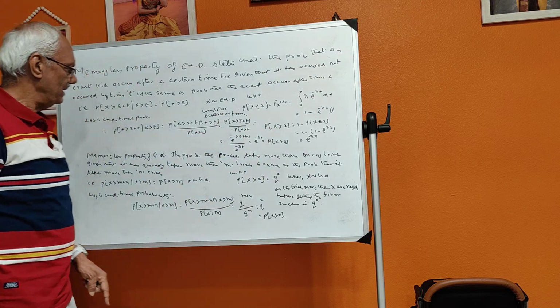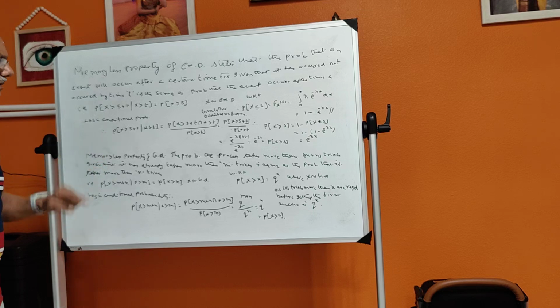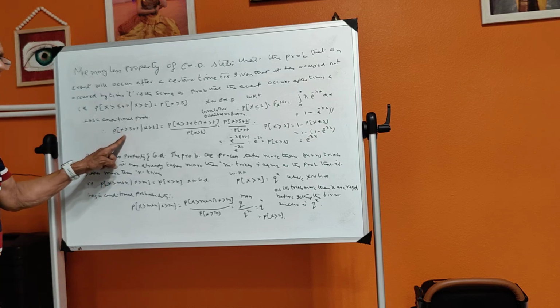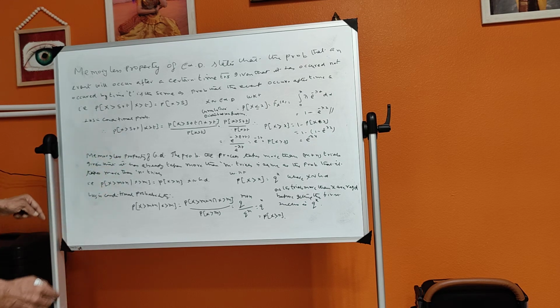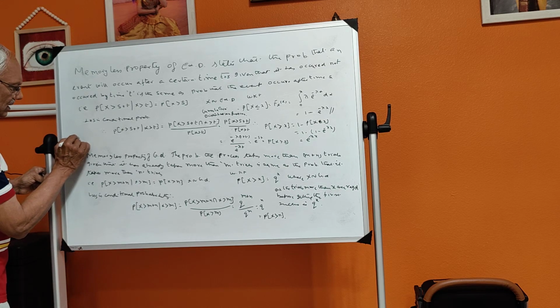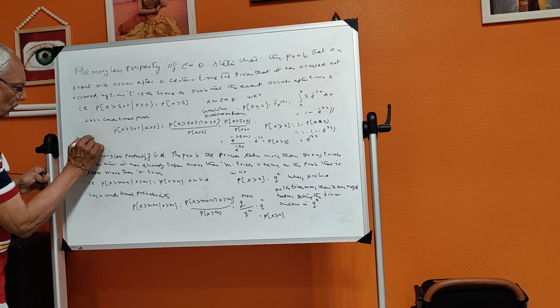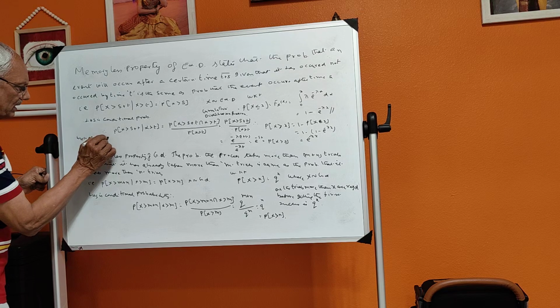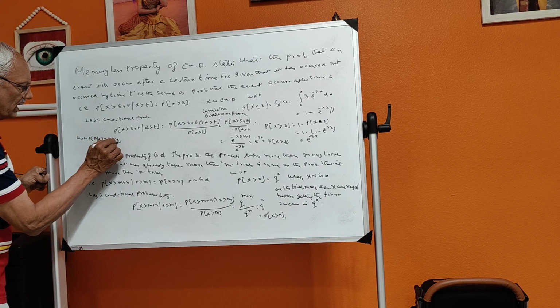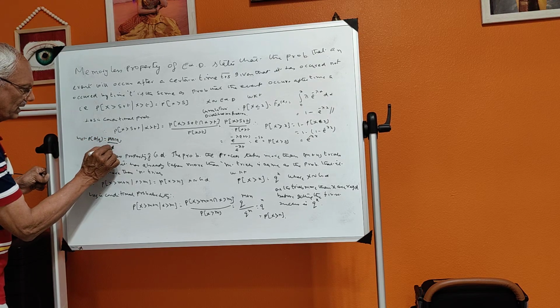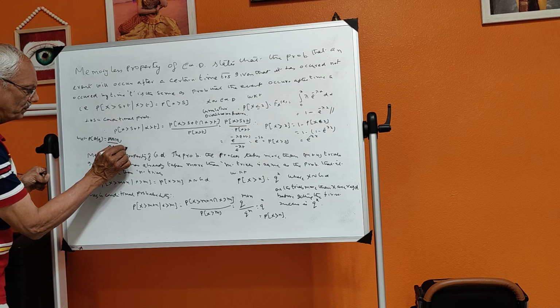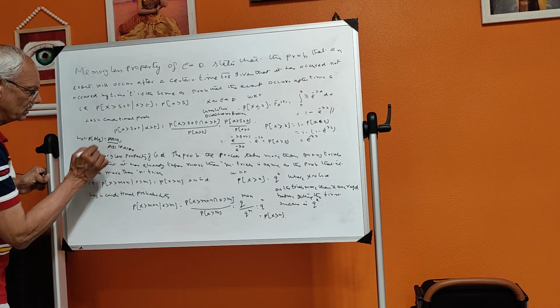Okay, now let us come to this. What is this? This is nothing but a conditional probability. We know that P of A given B is equal to P of A intersection B divided by P of B, provided P of B is not equal to 0.